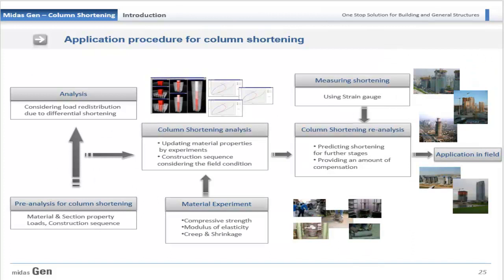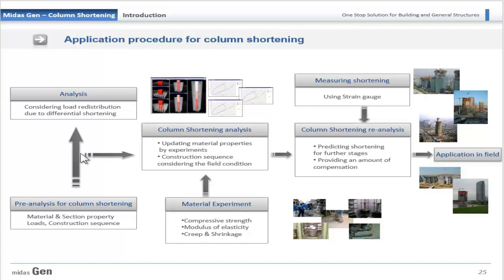In practice, the procedure for column shortening is, firstly, initial column shortening analysis with code-based material and section properties, loads, and construction sequence is performed. The analysis results of load redistribution are observed.